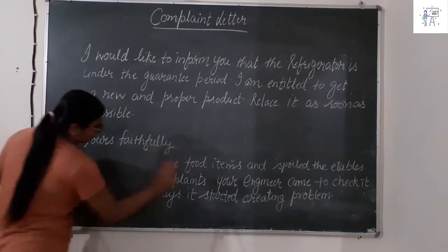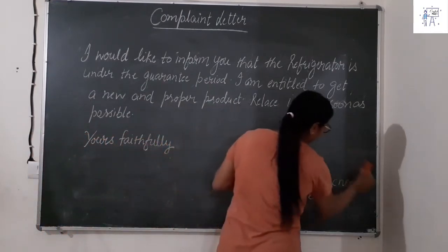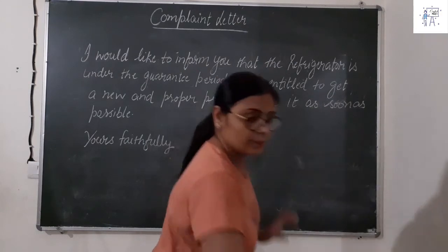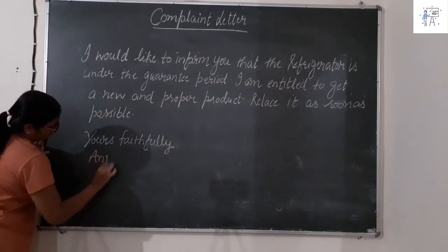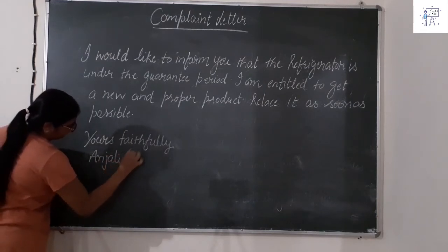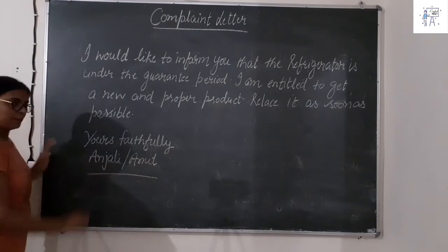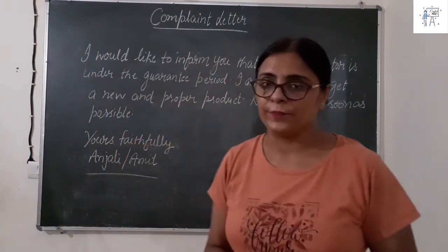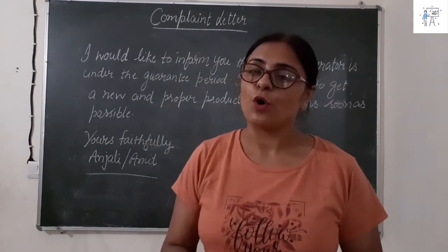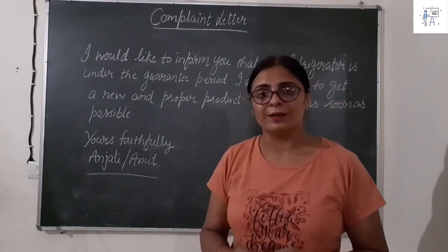So here I will write any name, Anjali or Amit, right? So in this way we can write a complaint letter. Practice from your resource books or other practice papers within your reach and do well. Thank you.